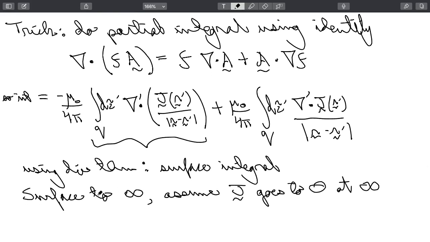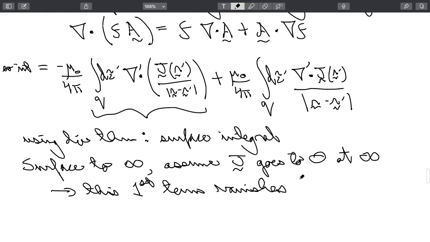So this first term vanishes. I just bring my volume into a region where my source currents are vanishing, if you want. That's another way of seeing it.